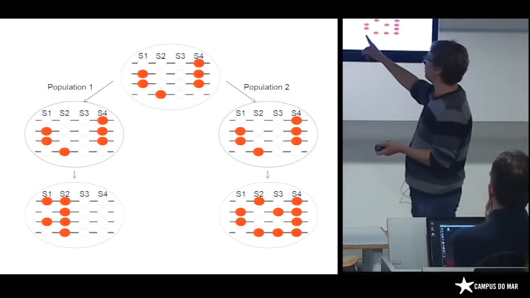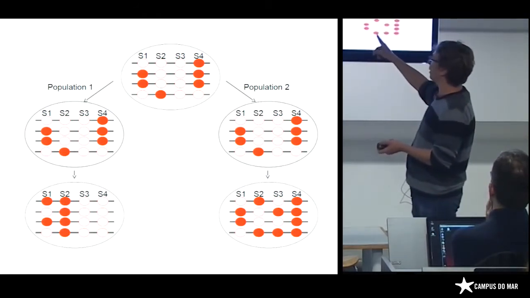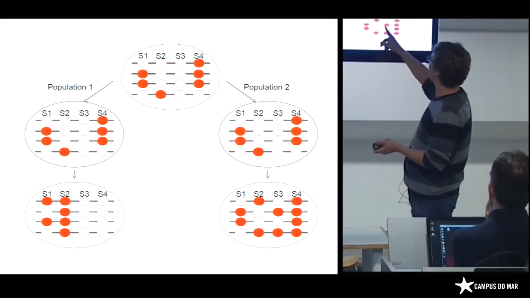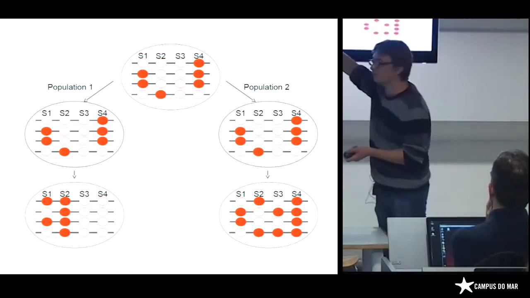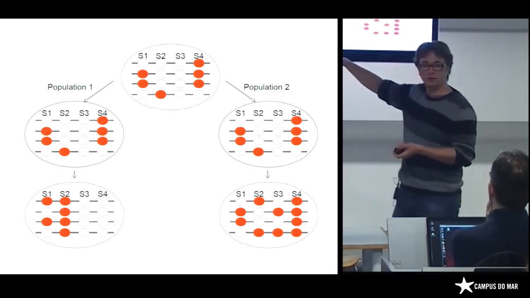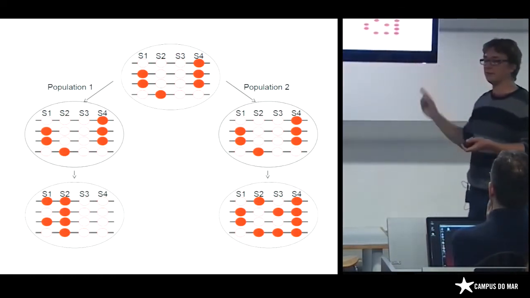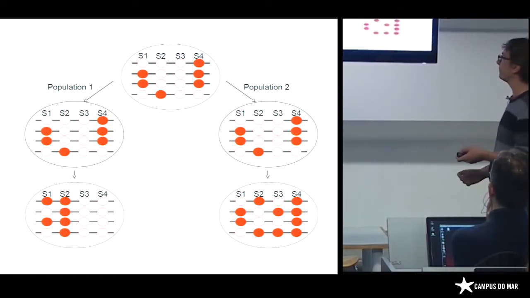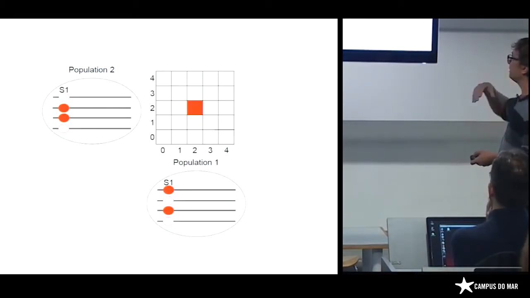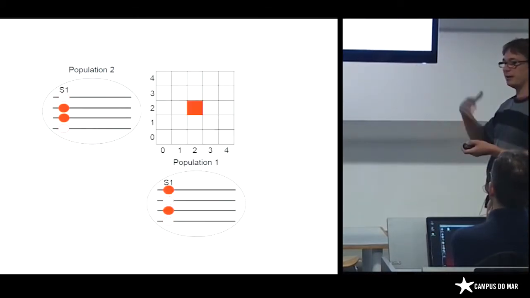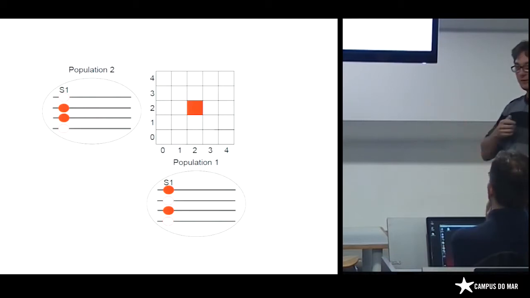So shared polymorphism, polymorphism in population 2. You can also have polymorphism in population 1 only, and fixed differences between populations. This can be presented by the joint site frequency spectrum, as I quickly explained yesterday.